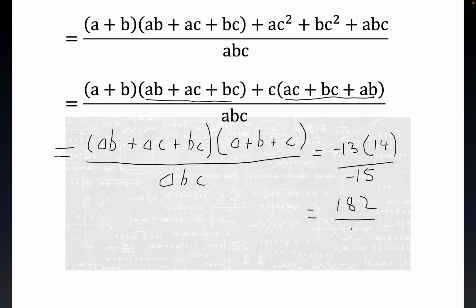And you know that this is a reduced fraction simply because of the good old primes. The only mistake I could have made is if I didn't multiply 13 times 14 right, but I think I got that right because it's 140 plus 42, which is 182. So that is our answer, folks.